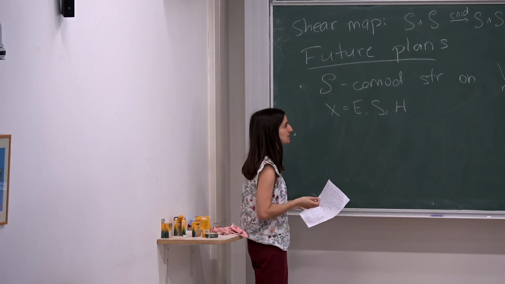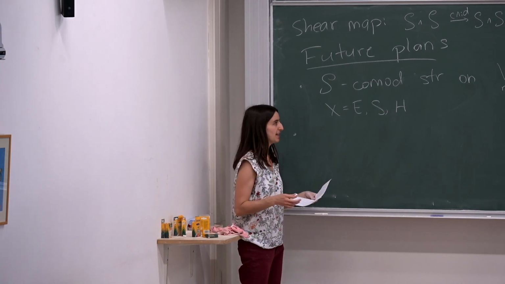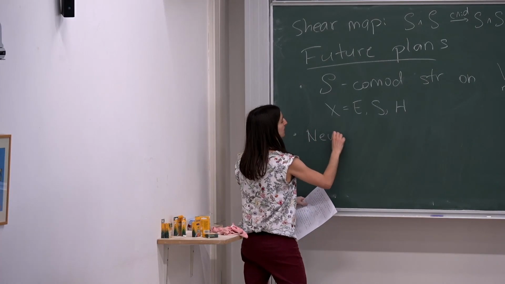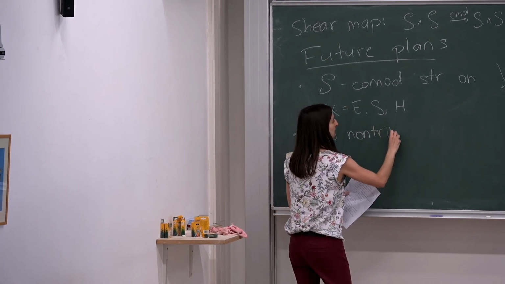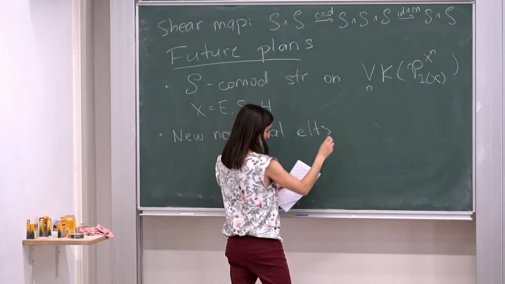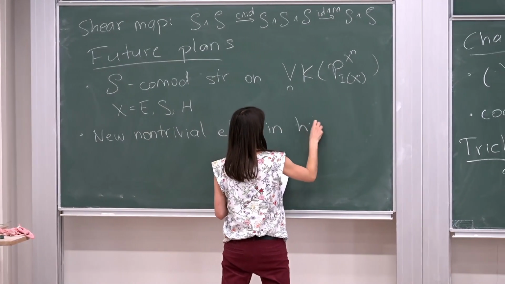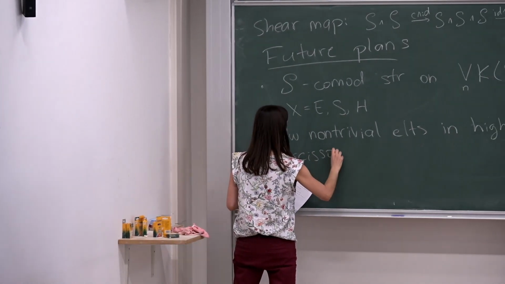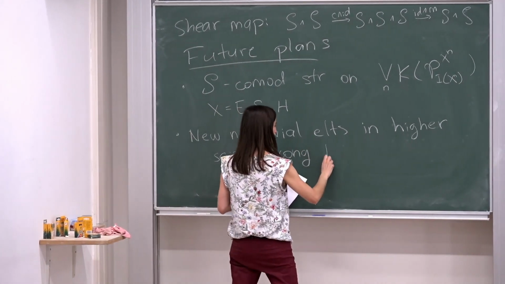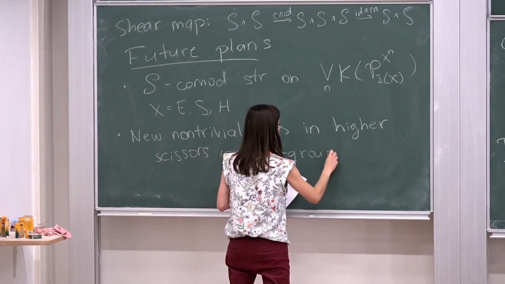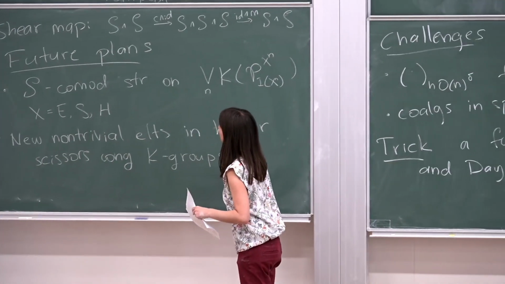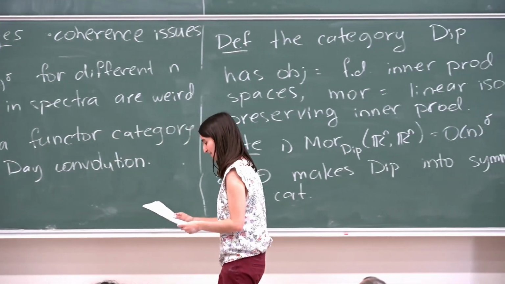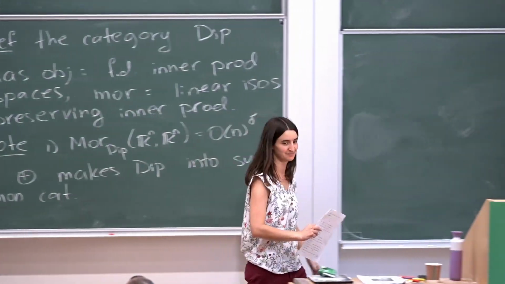And also, one of the things that's nice about more structure is that it allows you to know more about your spectra. So we want to produce new non-trivial elements in higher scissors congruence K groups. So that's the plan, and I think I'll stop here. Thank you.